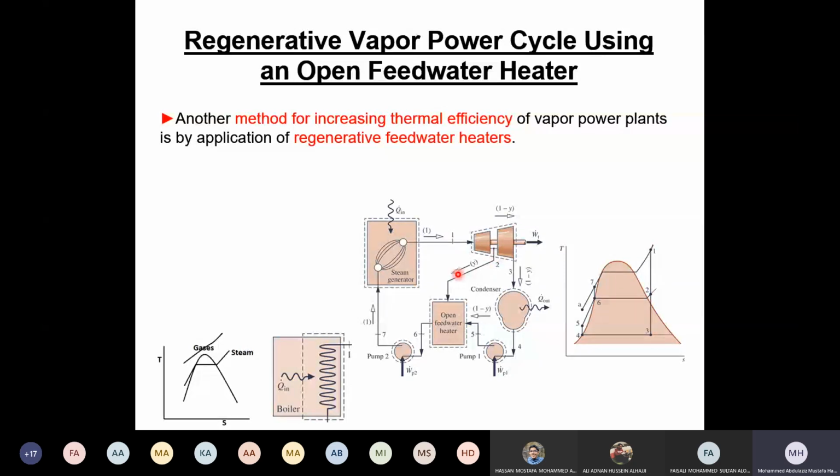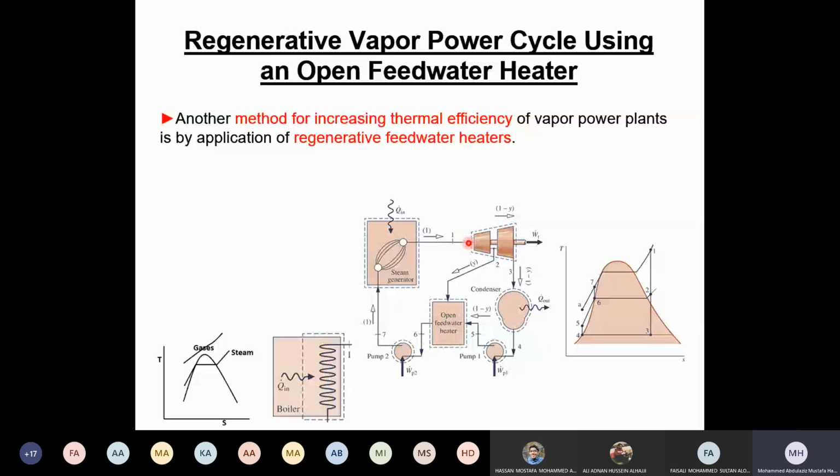Then we extract some of this here, so part of this steam will go from 2 to 6. Then at state 2, the remaining will go into the condenser and condense to state 4. Normally state 4 is saturated liquid. At this point, we pump this to the same level as here.